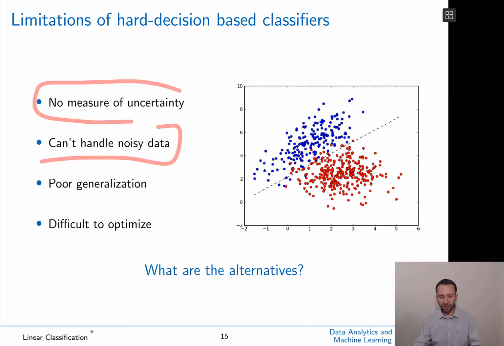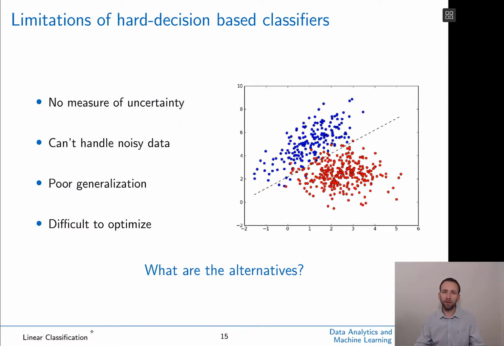Of course, we also don't get a nice measure of uncertainty. This is also what we have already seen in the regression setting. The optimization point of view, the classic point of view, doesn't help us with uncertainty, but we might want to have uncertainty to get a better feeling about our predictions. And then finally, these approaches I have shown you, specifically the perceptron, often lead to rather poor generalization, and it's also rather difficult to optimize.